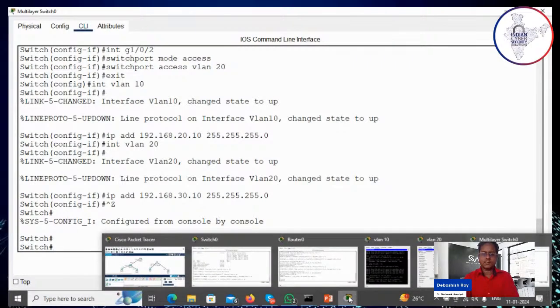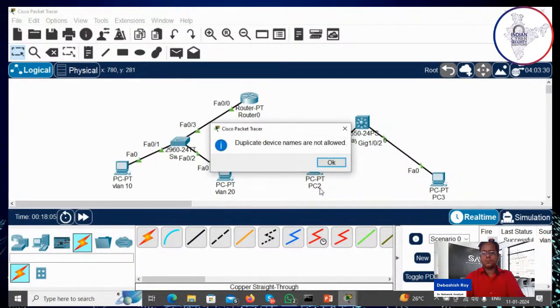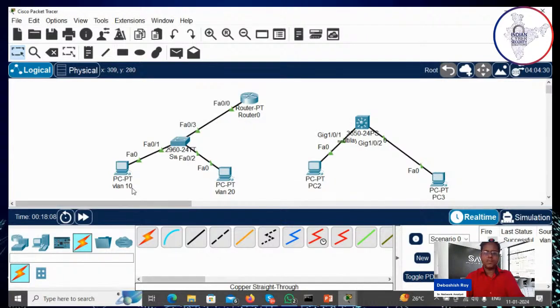You just give the IP address to the PCs. This will belong to VLAN 10. Okay, it is not allowing because VLAN 10 is already there, so it is not taking the name.